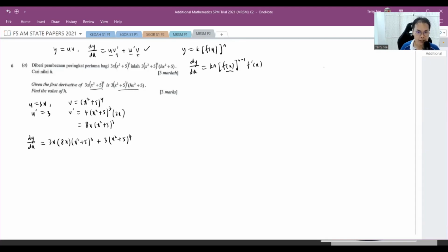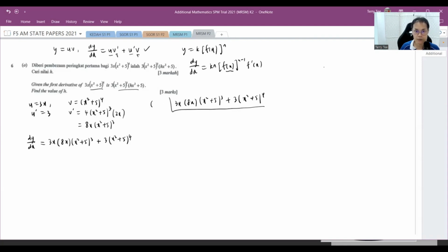Now, when it comes to factorization like this, if you find it a bit hard to factorize directly, you can use what we call the algorithm method. That is, I have 3x and 8x, (x squared plus 5) power 3, and 3, (x squared plus 5) power 4. So we first take out the bracket, (x squared plus 5).